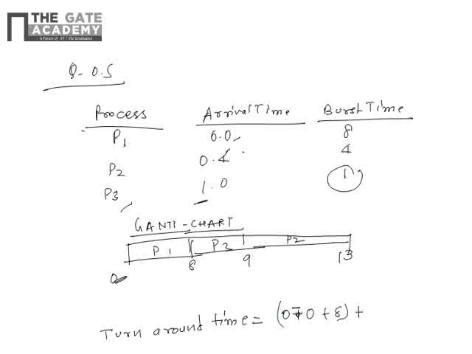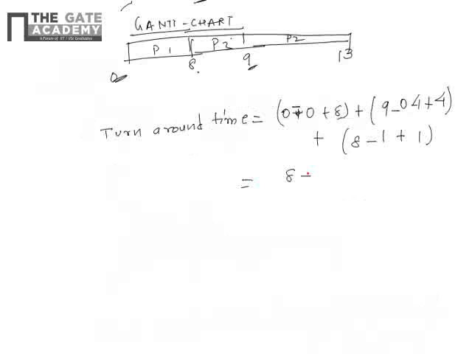Similarly, P2 got the CPU at 9 but arrived at 0.4, plus its burst time of 4. And P3 got the CPU at 8 and arrived at 1, plus its burst time of 1. So this will be 8, plus this will be 12.6, and plus 8, so it will be 28.6.